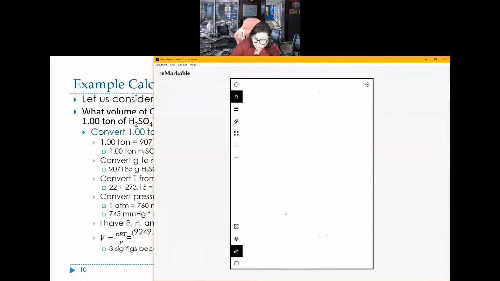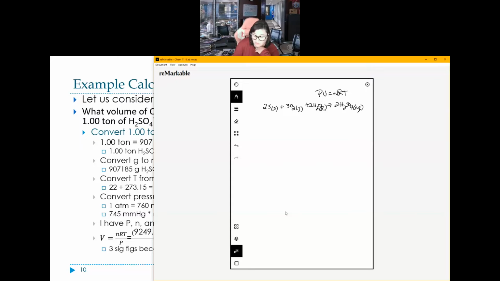So the first thing that was written down for us, PV equals nRT, because I might need that. I am considering the equation 2S solid plus 3O2 gas plus 2H2O liquid going to 2H2SO4 aqueous.